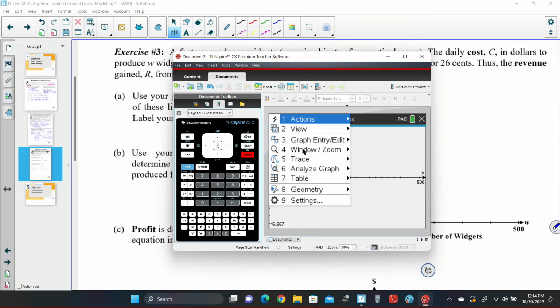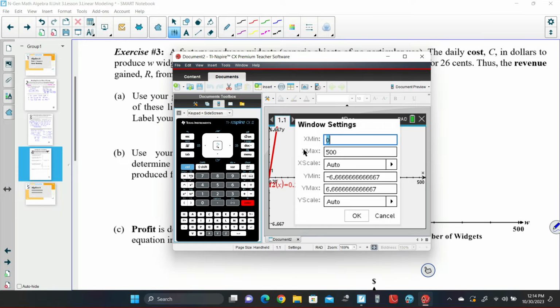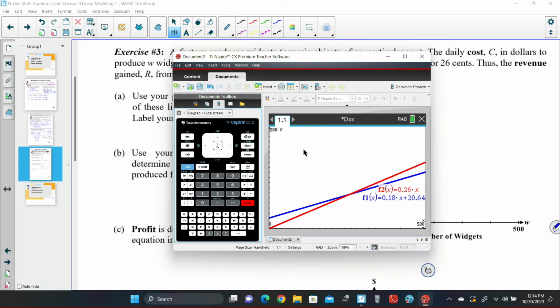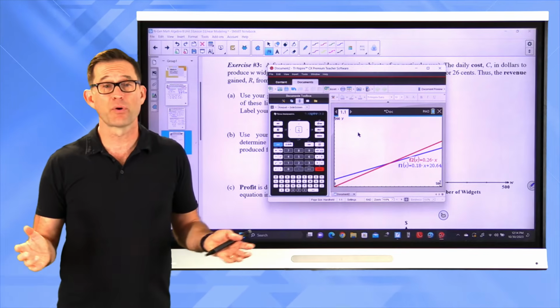Let me go into my menu, let me go back into my window settings. I know I've got my X window correct. I'm not going to worry about my scales. I'm going to do my Y minimum is 0, and maybe my Y maximum, I don't know, let me do 200. All right, and that definitely looks a lot better, right? In fact, it might just look perfectly fine.